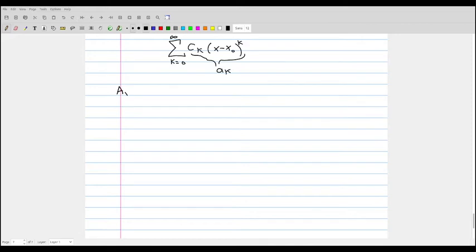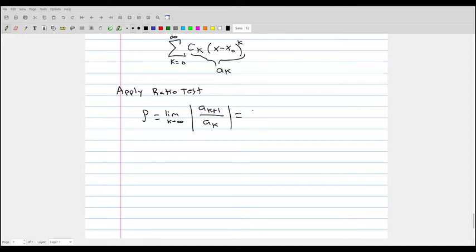If we apply the ratio test, we look at rho, which is the limit of the absolute value of a k plus 1 over a k.